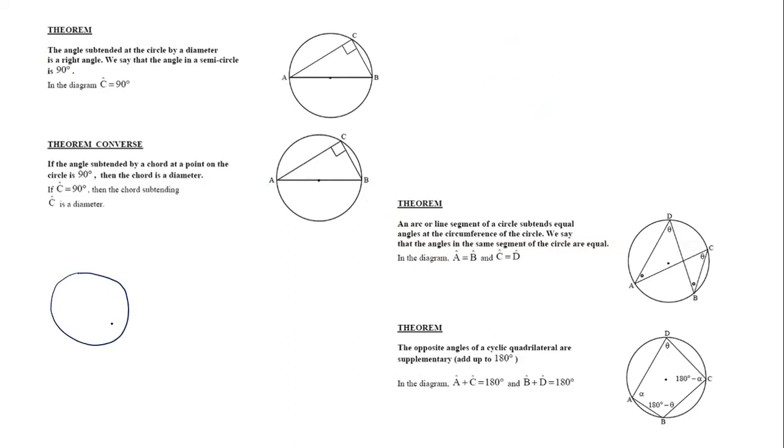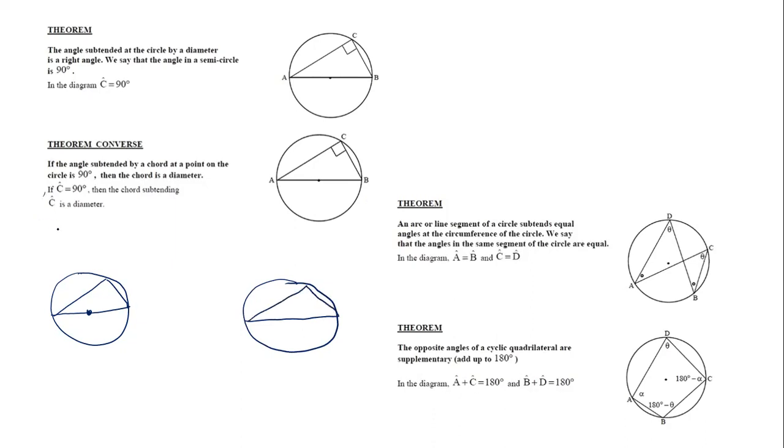We have the circle. We have the center of the circle. And then we have the diameter. We have this, we have that. Again, let me draw another circle. Here we just have a line. We have this and then we have that.